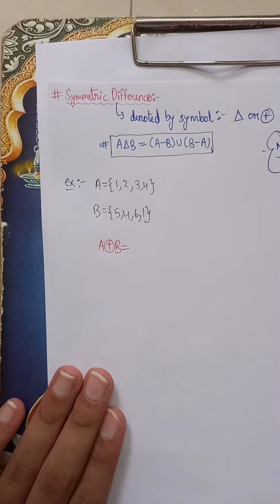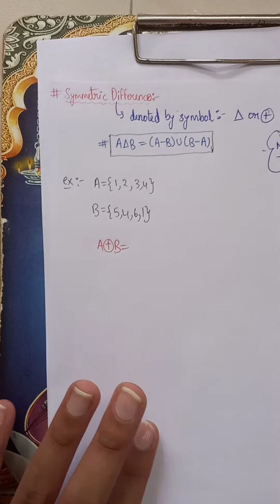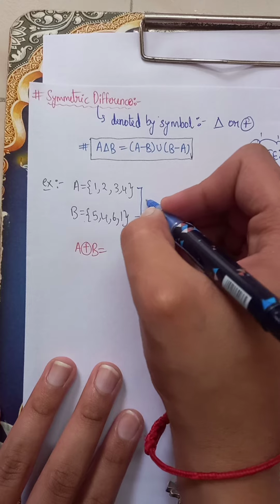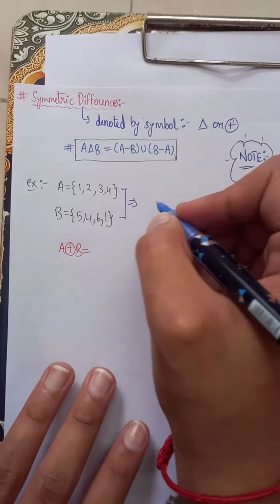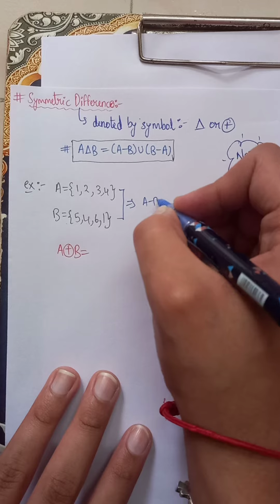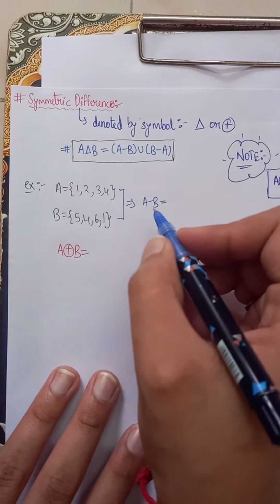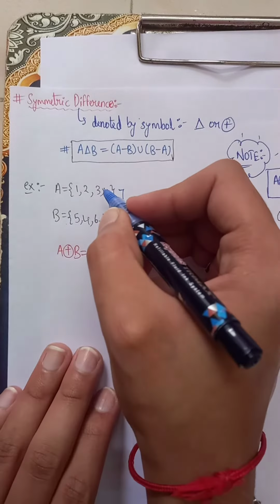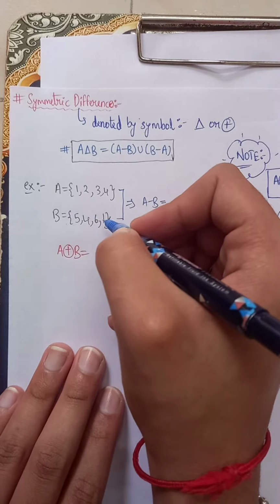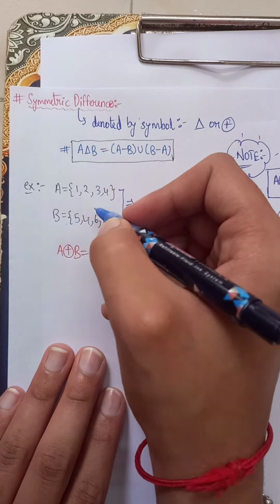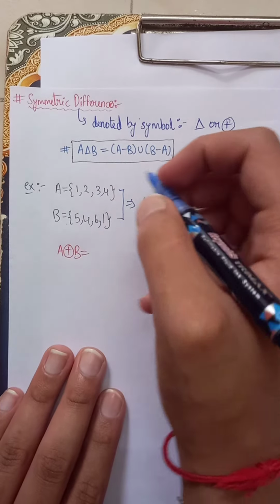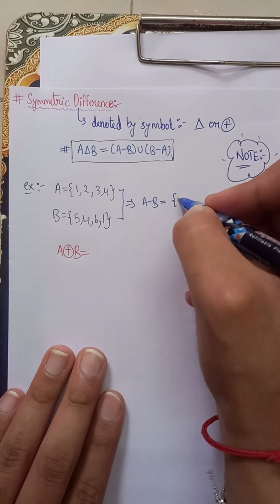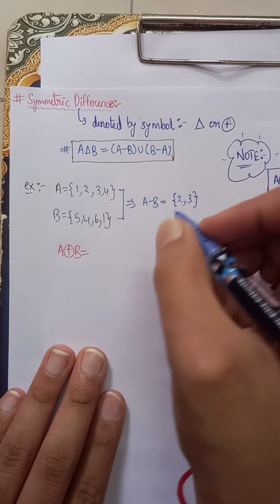Before taking the symmetric difference, we need to know A minus B and B minus A. For A minus B, you take out the common elements of A and B from A. The common elements are 1 and 4, since 4 is present in both and 1 is present in both. Removing them from A, the remaining are 2 and 3.